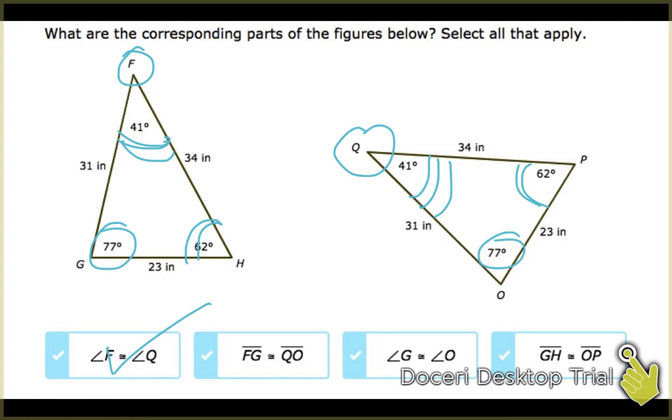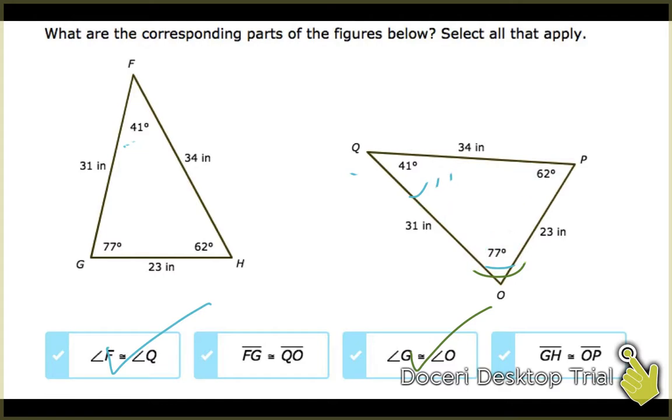We're going to skip to this angle. Is angle G, 77, congruent with angle O? Yes, it is. Okay, I'm going to erase some stuff. Okay, let's look at the sides. Is FG matching QO?